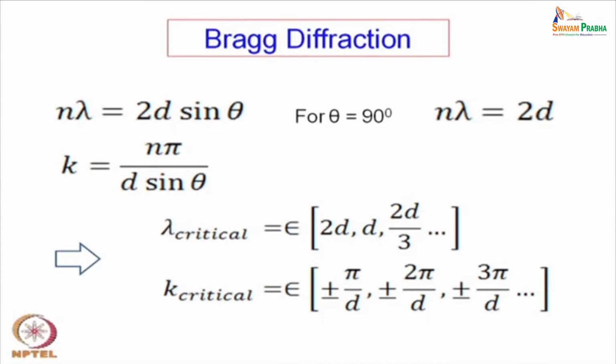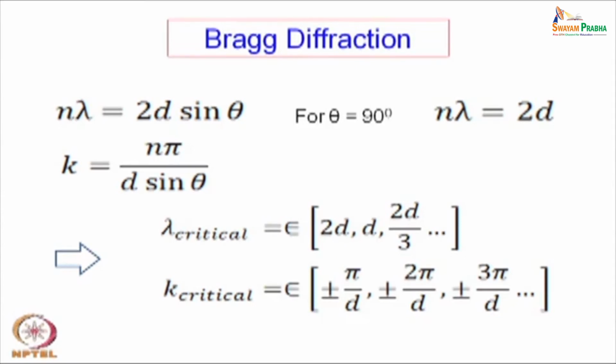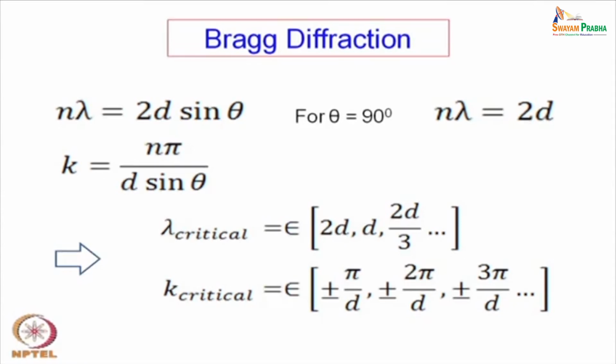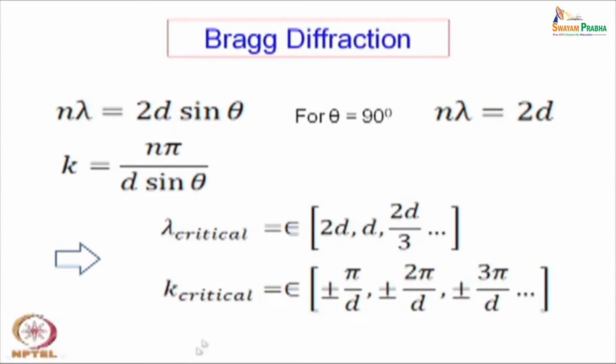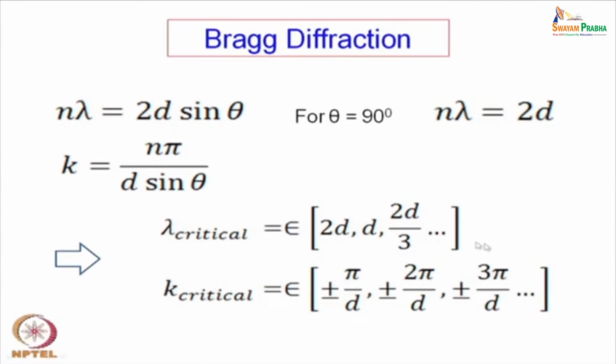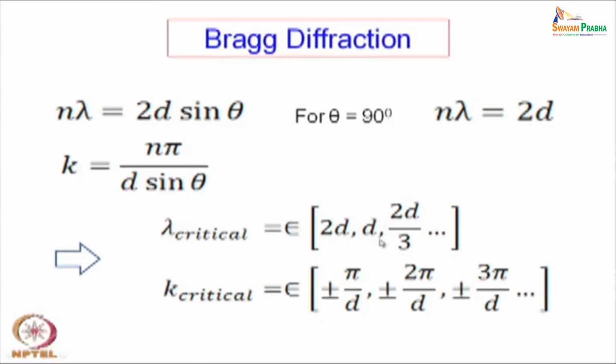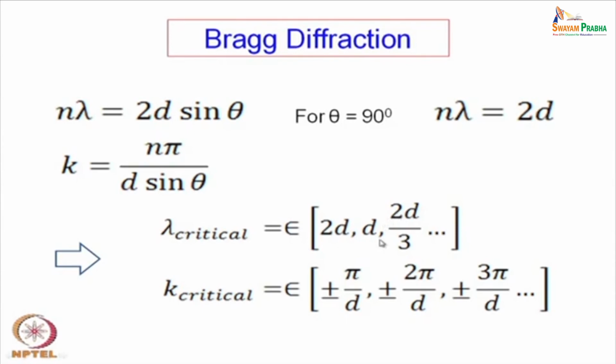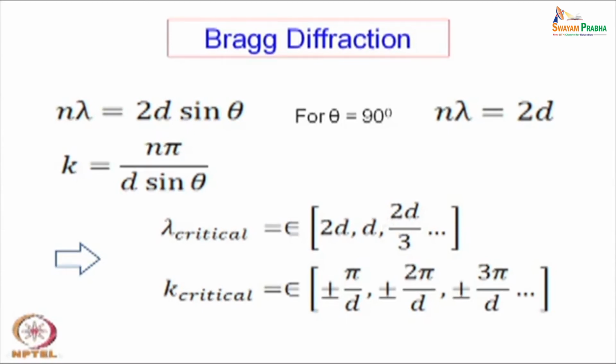So, this concept gives rise to this kind of situation. You have some kind of Bragg diffraction taking place within the periodic lattice, and that is also impeding the motion of the electrons.